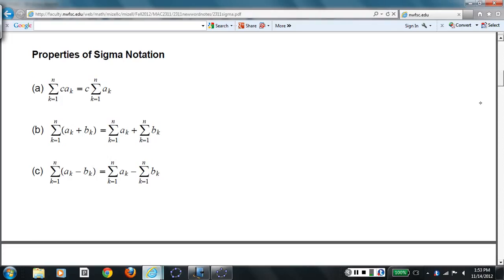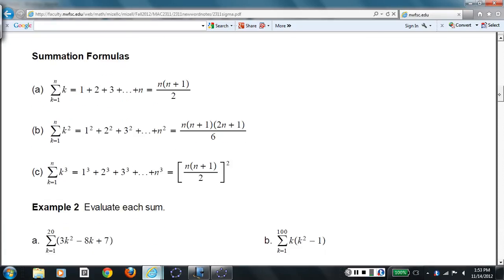Sigma of a constant times an expression is the constant times sigma of the expression. Sigma of a sum equals the sum of the sigmas. But these, I think, are familiar enough that we don't need specific examples of these. I may not even have to use these summation formulas. We do these in pre-calculus to some extent.